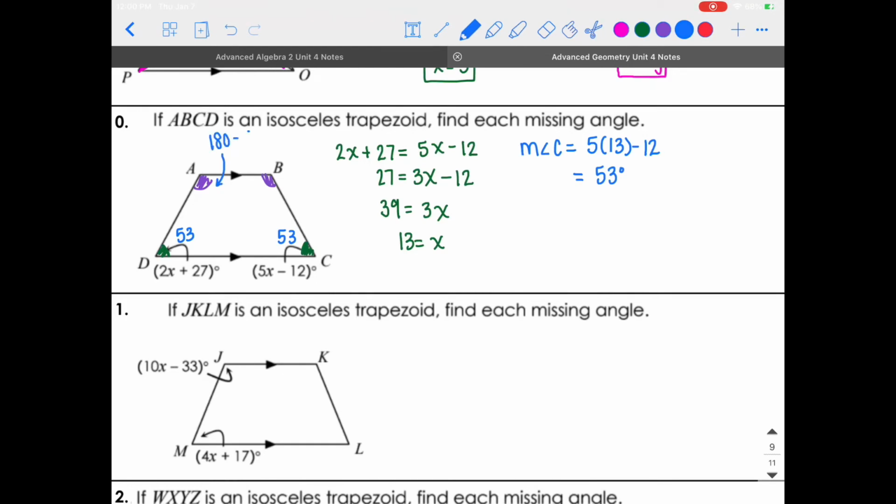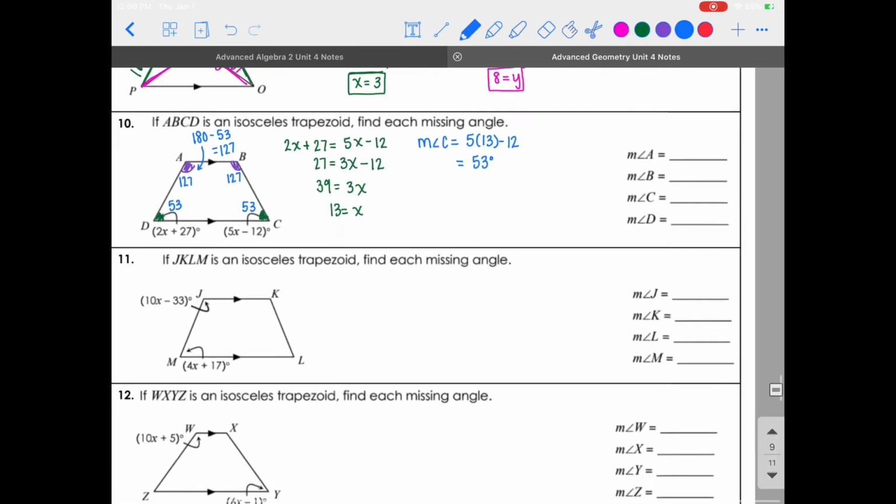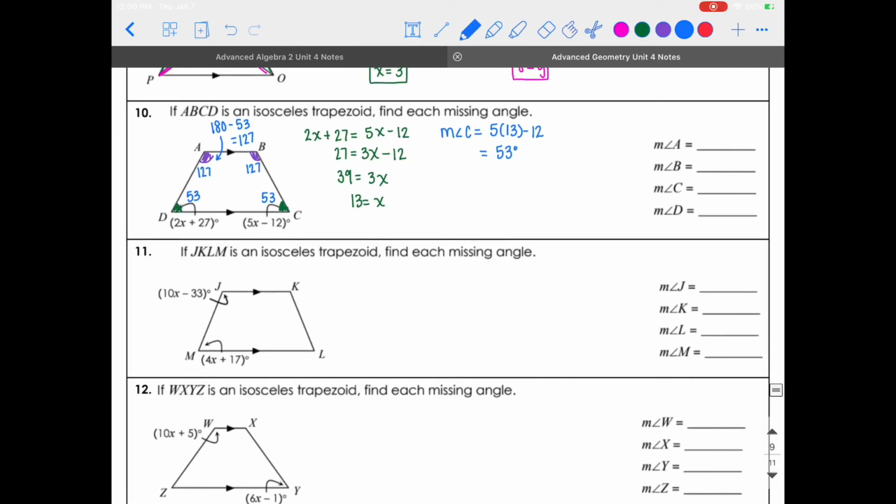And then to find A, I can take 180 minus 53 to get 127. So A and B are both 127. And C and D are both 53.